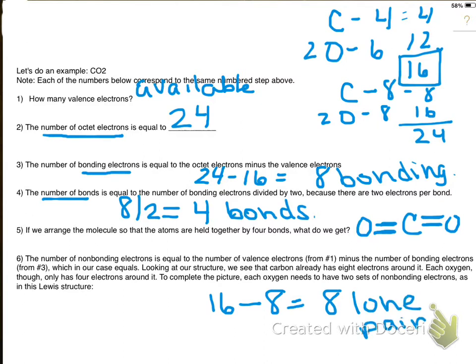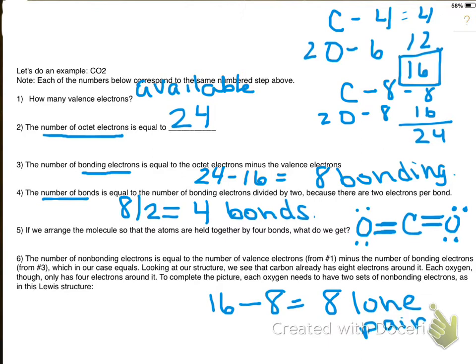And we're going to put those around the atoms that need to fulfill their octet rule. So if you look, carbon, if we count each bond as 2, carbon has 2, 4, 6, 8 electrons. So carbon is satisfied. Oxygen, however, is not. So if we draw 2 electrons around each oxygen, we've used up 8 lone pair electrons.